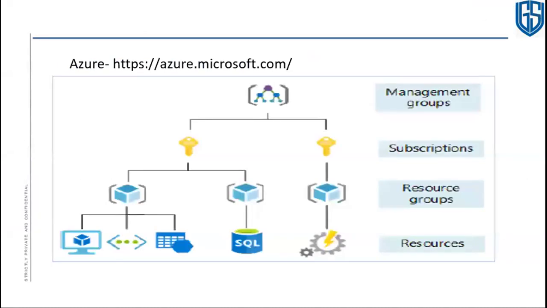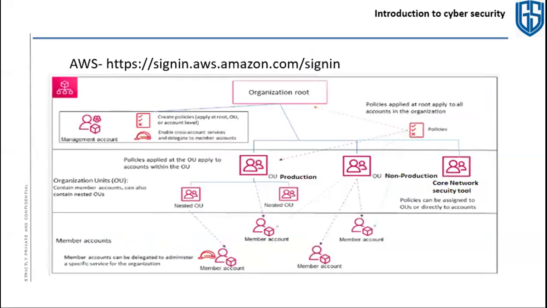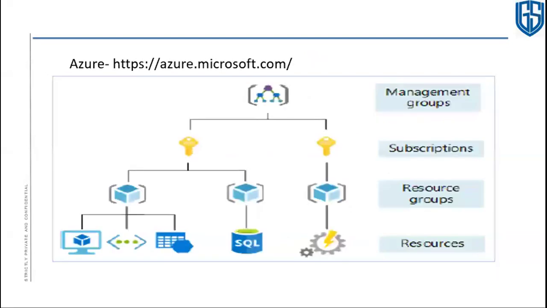Based on that, we will have different architectures or different mechanisms. Amazon has its own way of distributing different varieties, and Azure has some names that will be different, but the hierarchy level will be the same. The general hierarchy is resource, then resource groups, then subscriptions, and then management group.